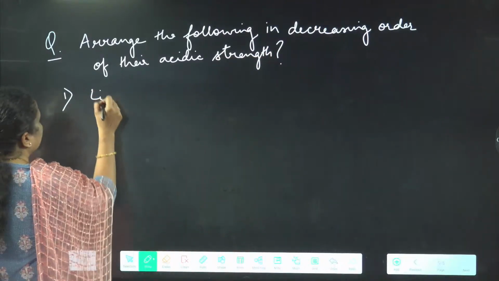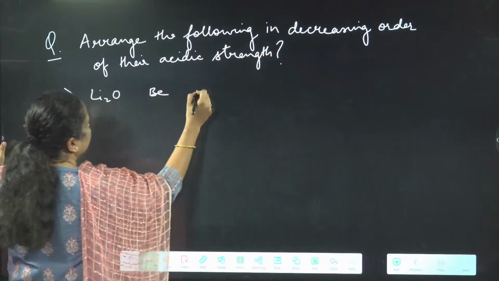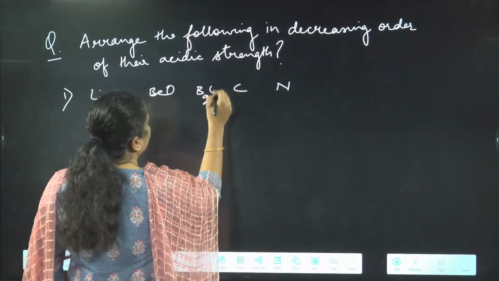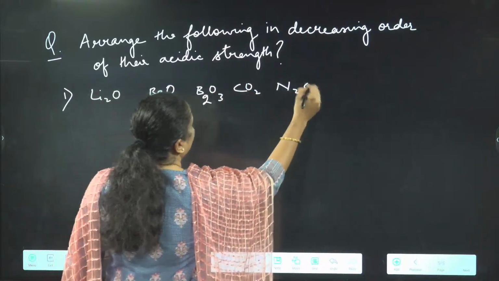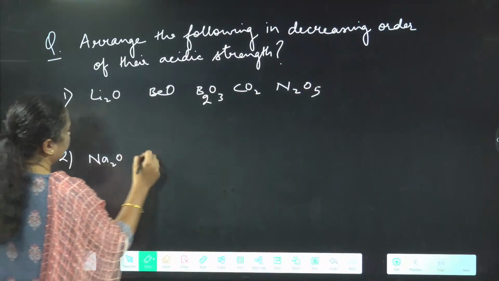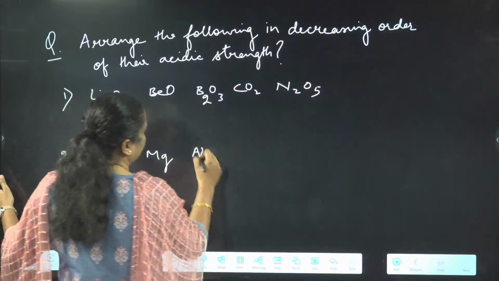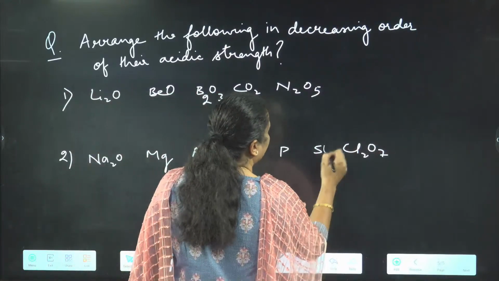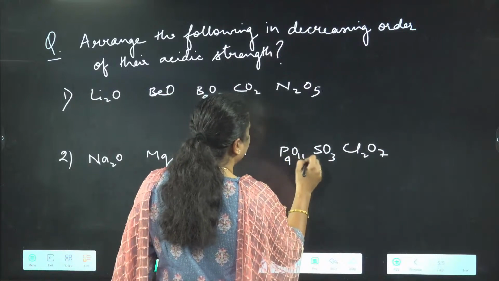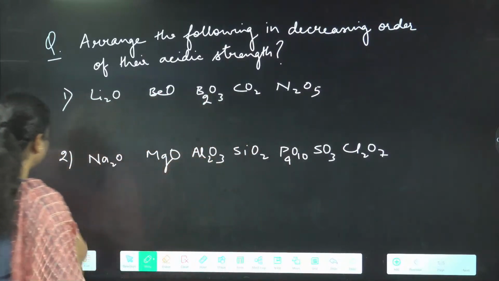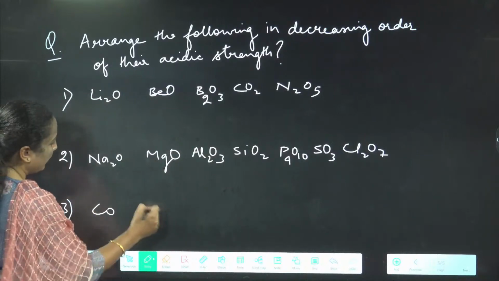First one, B2O3, CO2, N2O5. Second, this you have to do: Cl2O7, SO3, P4O10, SiO2, Al2O3, MgO. Then CO and CO2.